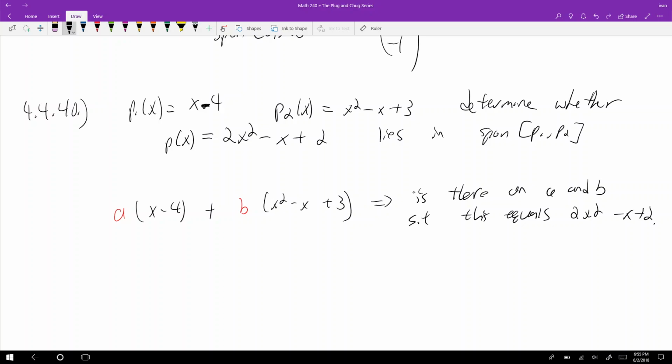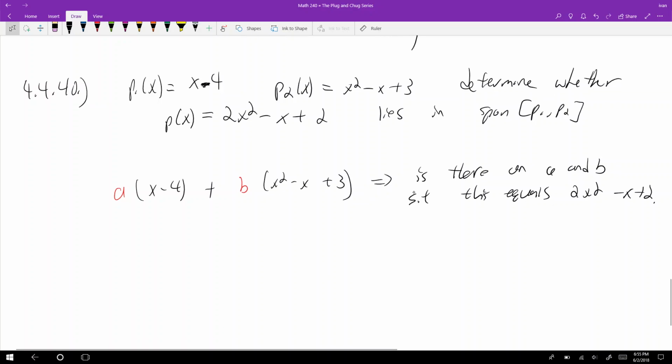Well, this is an important skill to have, but we need to turn these polynomials, these guys that don't look like vectors, into column vectors. How am I going to do that? Here's p1(x).